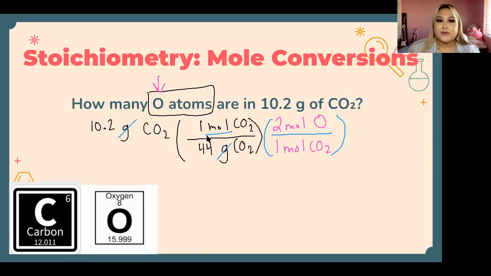Okay, so we're going to cross off the mole of CO2. Now we're left with moles of oxygen. So we're still not quite there yet, but we're really close. What is the next step? Is it multiplied by Avogadro's number?